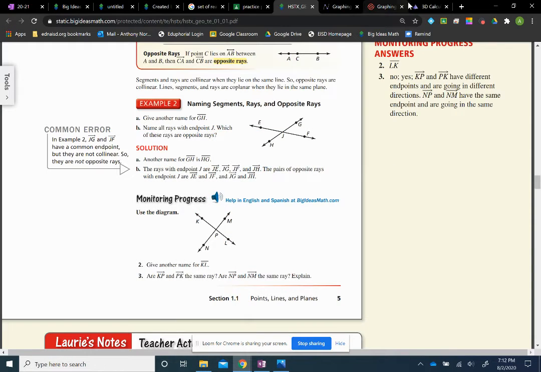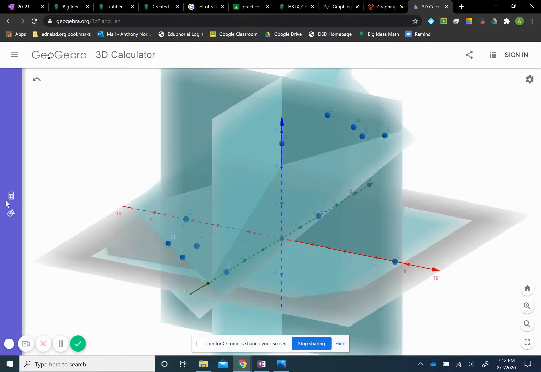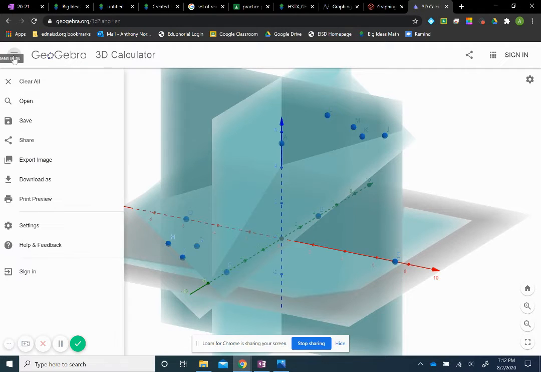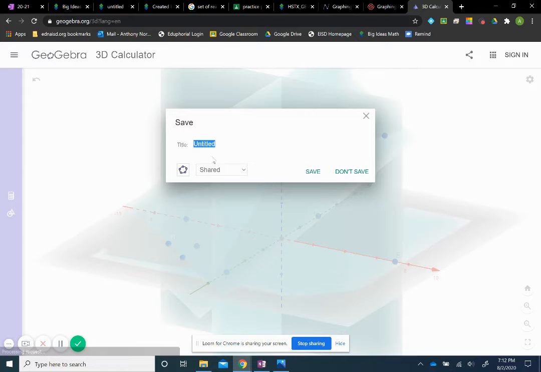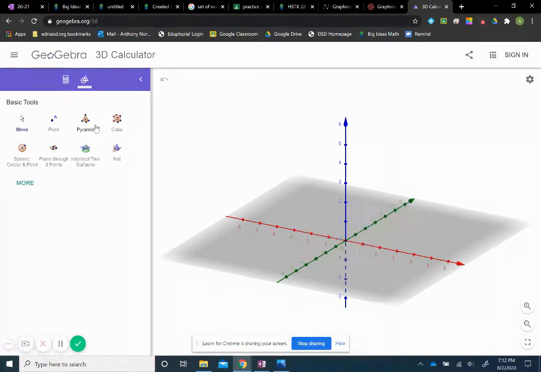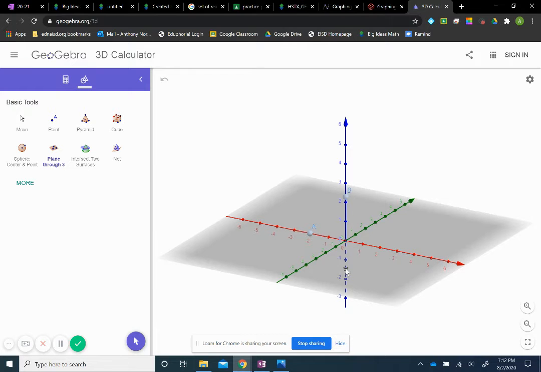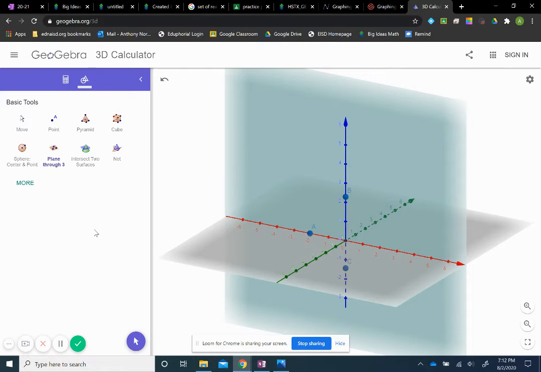So we can go back to GeoGebra, clear all, don't save. So here, if we make another plane going a slightly different direction, so we'll have 1, 2, 3, we have a nice vertical plane.